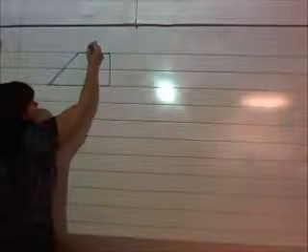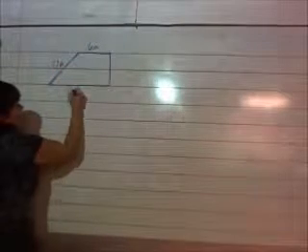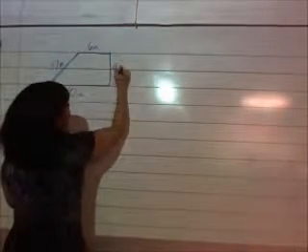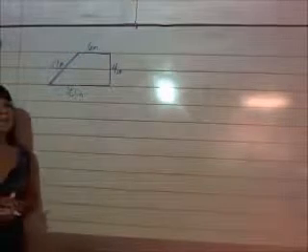Now, the measurements of my trapezoid, this is going to be 6 inches. This one's going to be 7. This one's going to be 10. And let's use this one as 4. Why not?